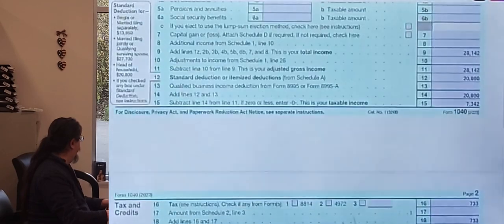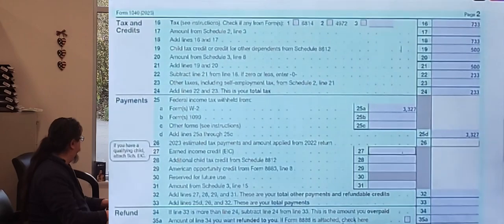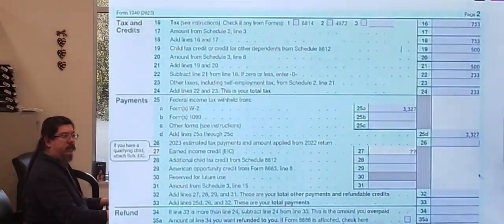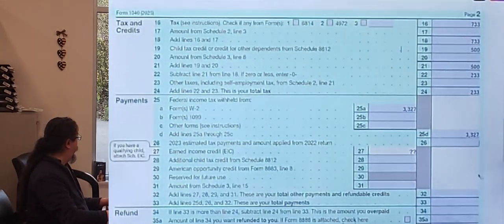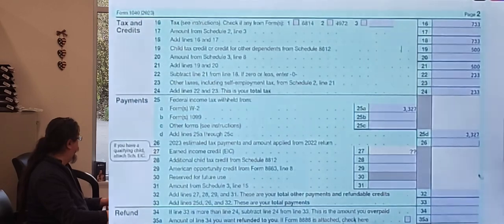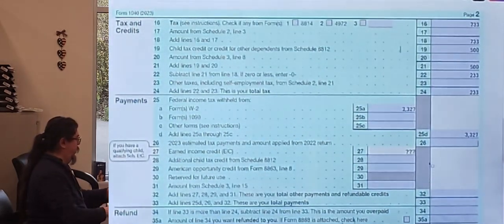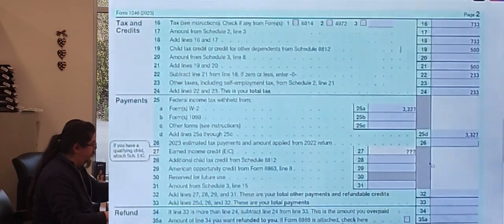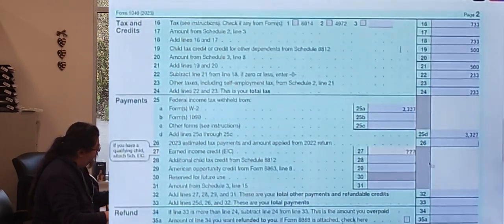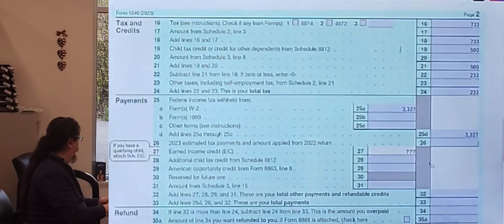He probably actually would qualify for earned income credit because he has a qualifying child, so we can't actually finish this return yet until we've discussed earned income credit. But without the earned income credit, he would already have a refund of about $3,100. So earned income credit is what, chapter 8 probably. Yeah.